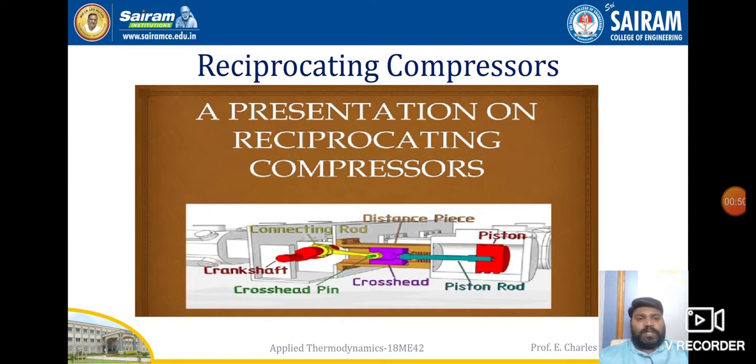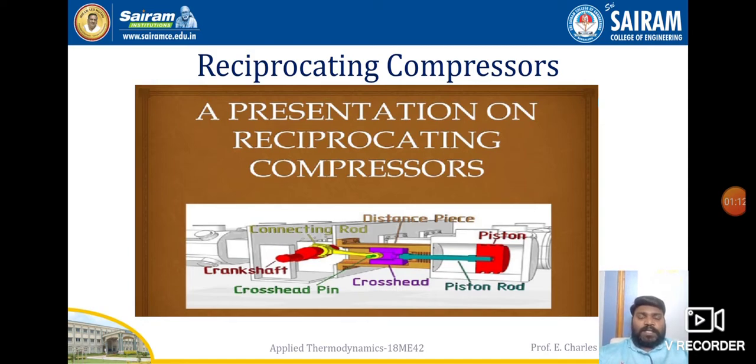The same structure, the same components will be seen in reciprocating compressors. In IC engines you will see the piston, cylinder, connecting rod, and crankshaft. The same exact arrangement will be seen in reciprocating compressors also.